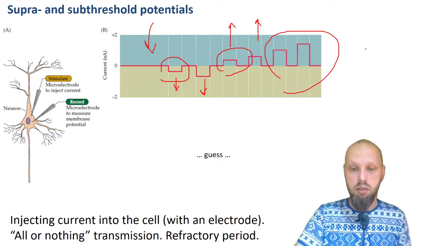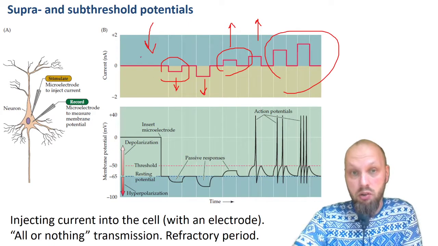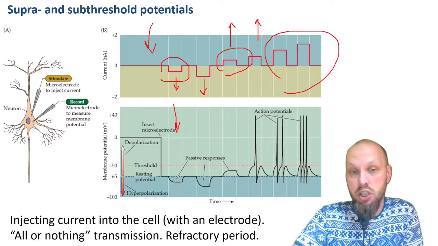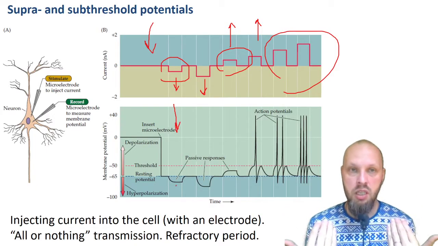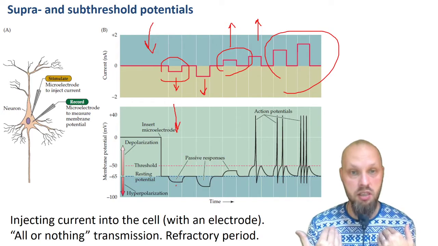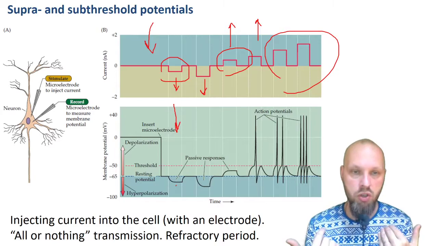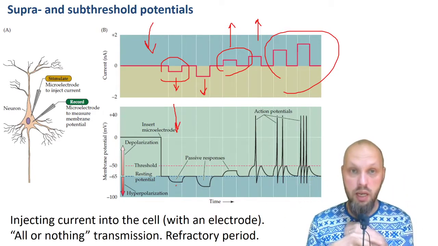The answer, here's what happens. If you try to hyperpolarize the neuron, so you make the potential even lower, the potential just goes down, but the neuron is already hyperpolarized, so it doesn't spike, and you just move it further away from the threshold, from the point at which the positive feedback kicks in.